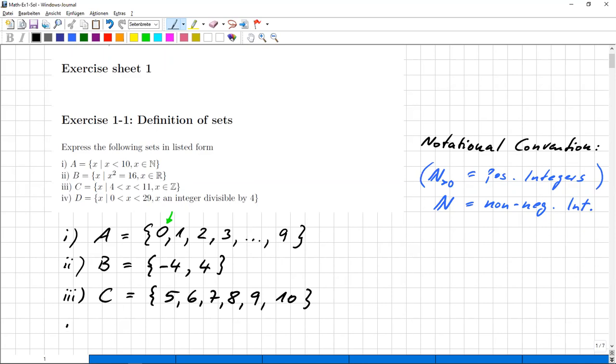And for set D, we see that x lies between 0 and 29, both excluded, exclusively, you could say. But it must be divisible by 4.